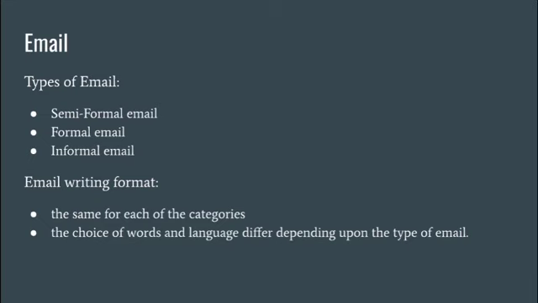But if you notice, in letter writing there are different formats for different sorts of letters. When you are writing an official letter, the form would be different from a private letter. But in case of email, the format is the same, while the language, words and diction may vary.